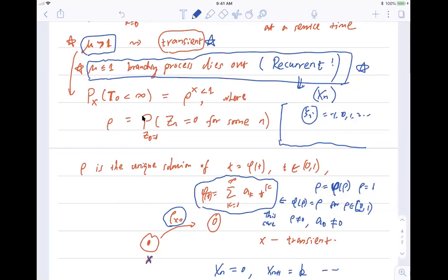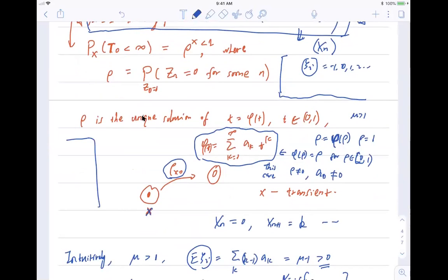This is all for the case where mu is bigger than 1. If mu is less than 1, I guess rho actually is 1.